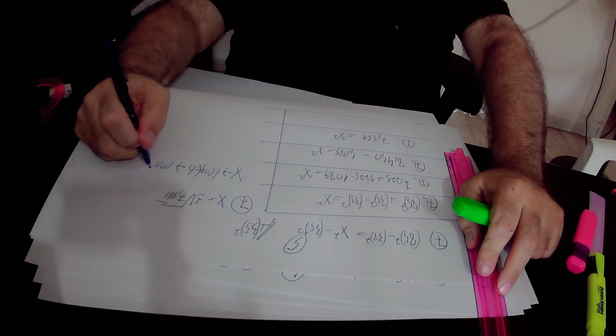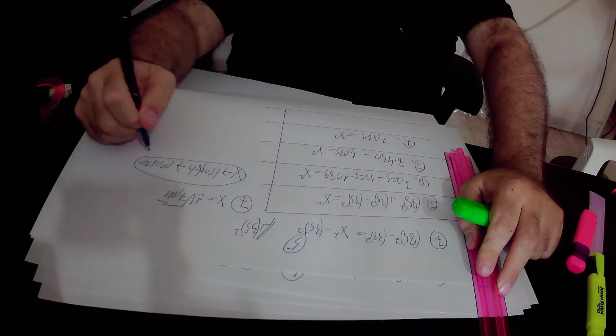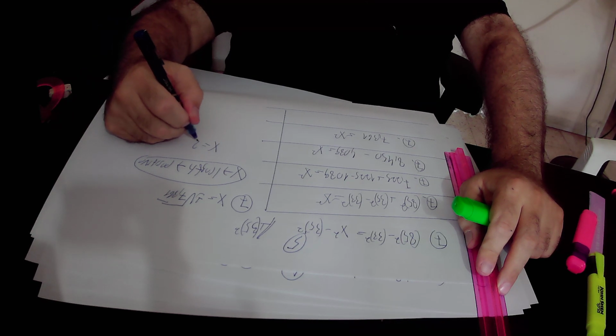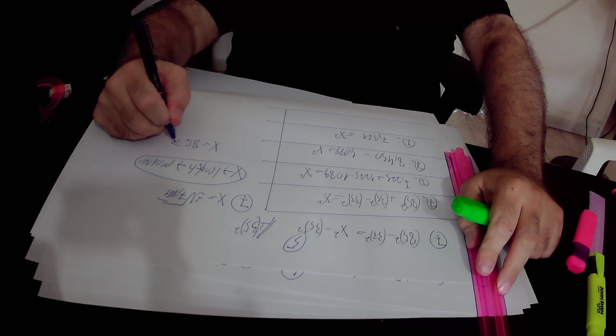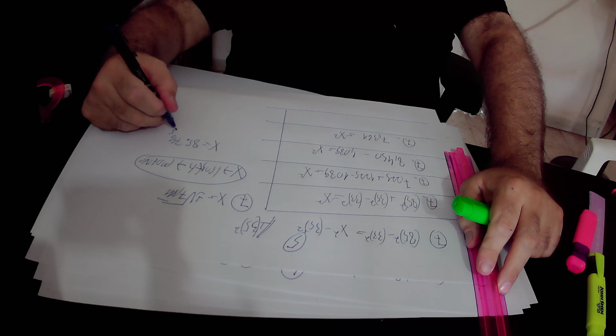Therefore, we take into account only the positive result. That is to say, the value of line segment x will be equal to 85.796 square units.